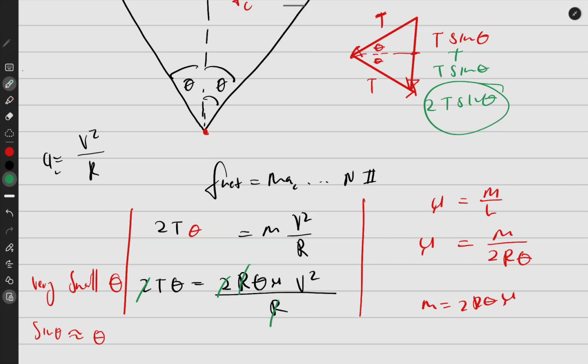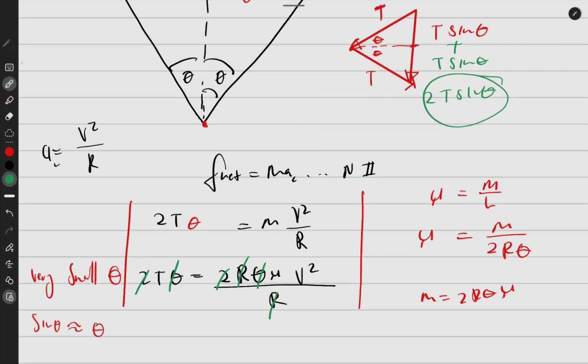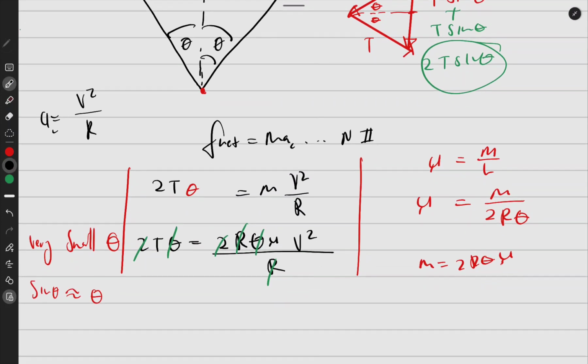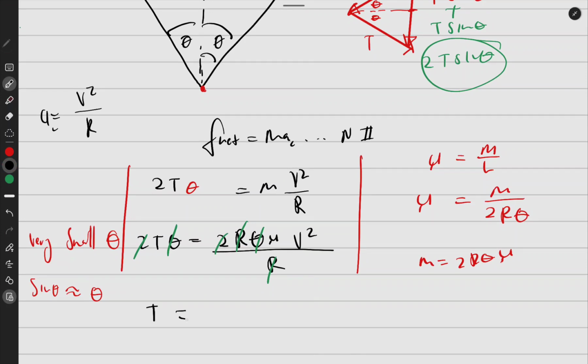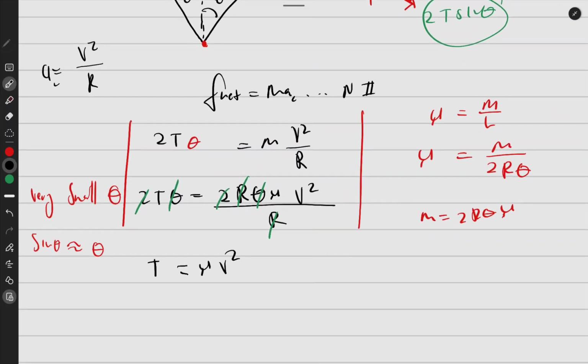We have r here, we have theta here and here. Let me write exactly what we remain with. We remain with T equals mu v squared. Then from here we can solve for v, because it's our interest. If I solve for v, I will have v equals the root of T divided by mu, because of that square.